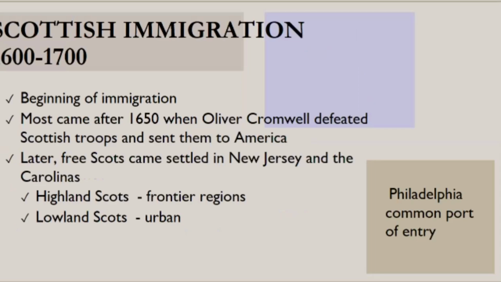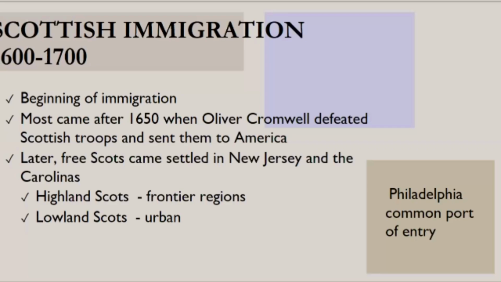So some of the immigration patterns for Scottish immigration started around the 1600s. Most of them during this time period, the 1600s and the 1700s, came after Cromwell pretty much sent them all to the American colonies. You will find as you research the history of Scotland, they didn't always get along with the English crown, and there would be wars and battles from time to time.